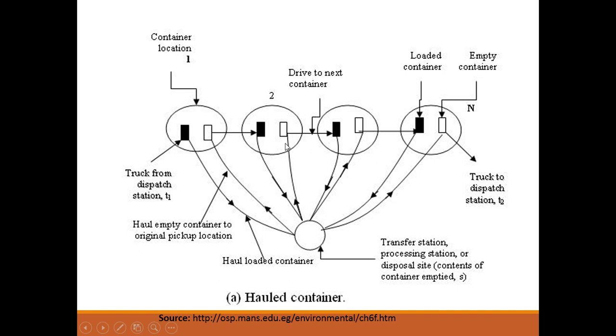Then he goes to the next location, collects a full one, and transports it. Remember, the reason we're going back is to replace the container. So we go back to location 3, replace the empty container, go to the next location, pick up a full one, transport it to the disposal site, and return to the original position to replace the empty container. So this is what the hauled container collection system looks like.